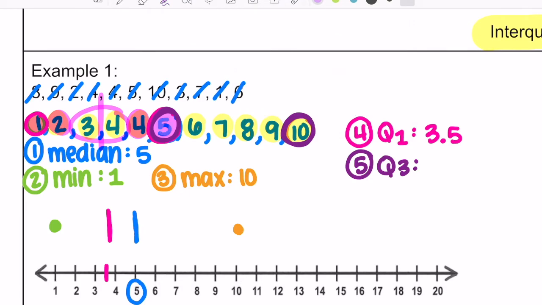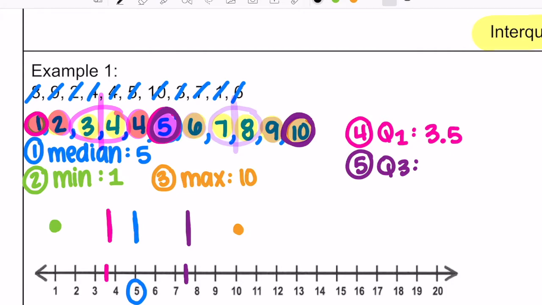Okay, so we're going to mark out 5 and 10, and then 6 and 9. And then we have 7 and 8, so we need halfway between 7 and 8. So halfway between 7 and 8 is going to be 7.5. So on our number line, we're going to draw that line between 7 and 8 for 7.5, and that's going to be the right side of the box.